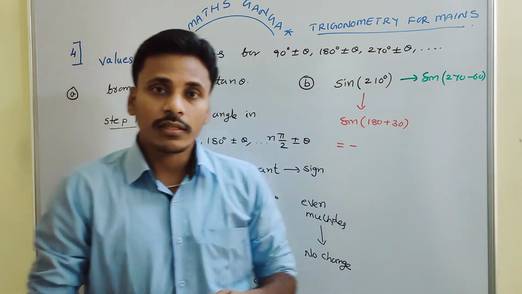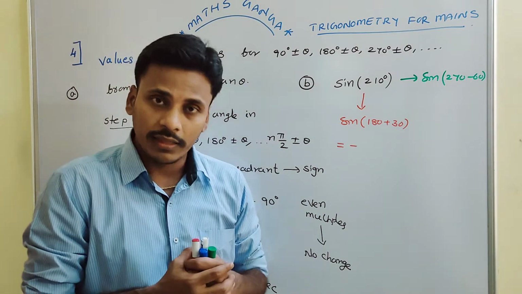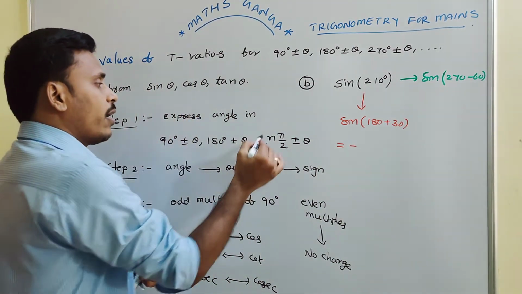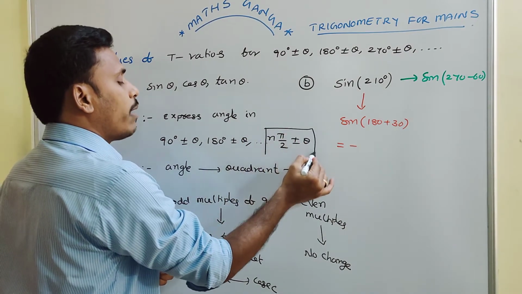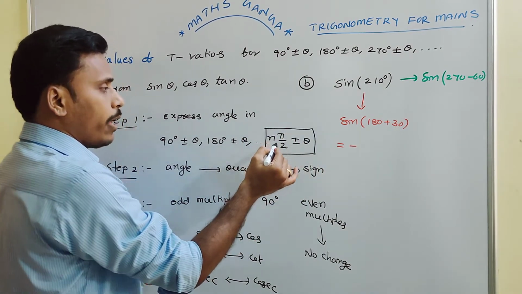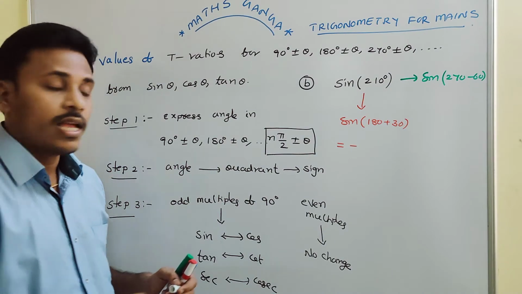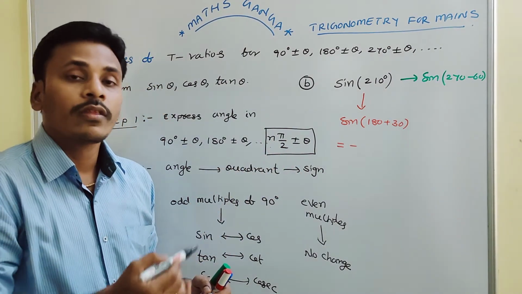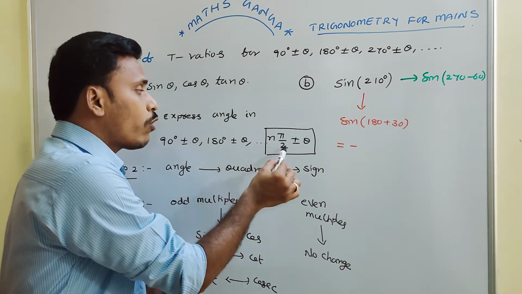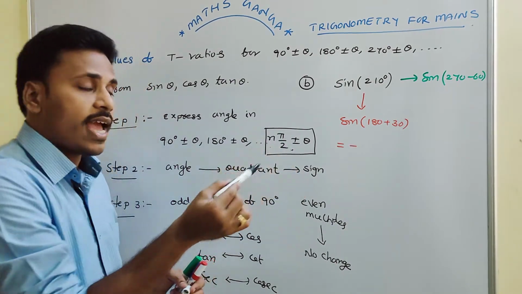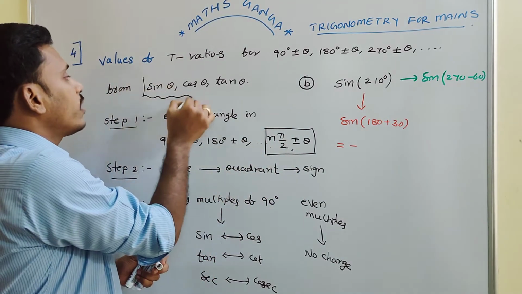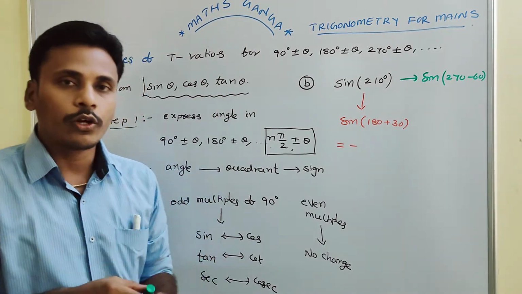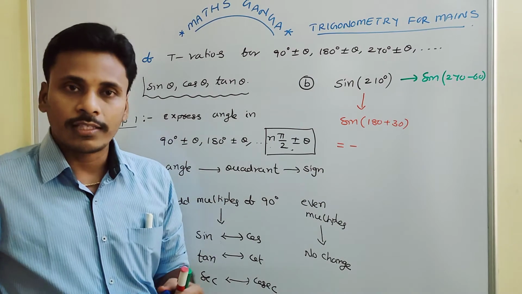In the sense, we are going to calculate the trigonometric values for angles of the format n pi by 2 plus or minus theta, that is, some multiple of 90 degrees plus or minus theta. To calculate the values of trigonometric ratios for such angles from the known sin theta, cos theta and tan theta, that's what I am going to discuss here in this fourth conceptual idea.